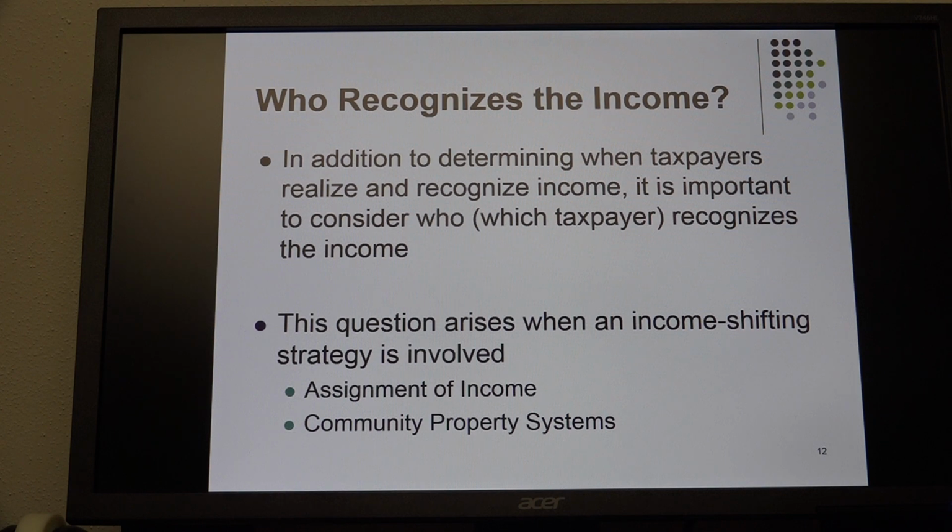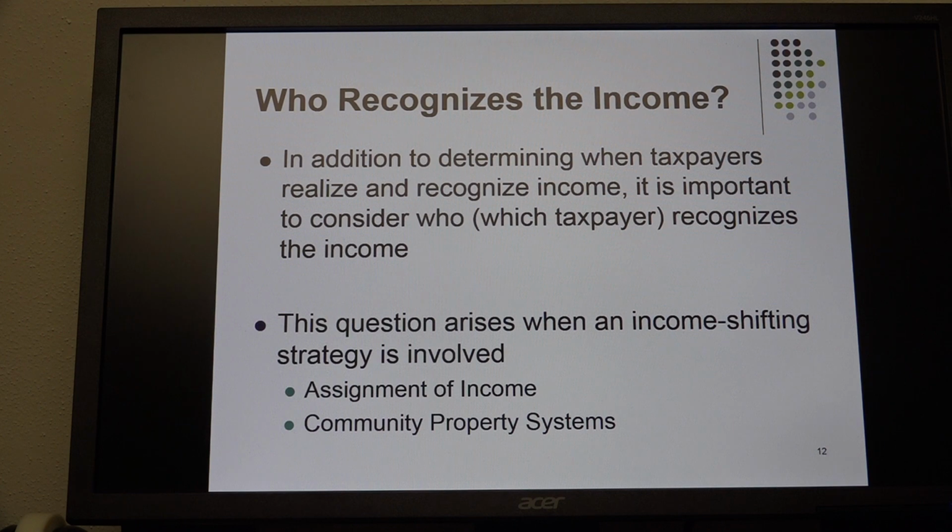What about income on sale of property, or income from property, such as rentals, royalties, dividends, interest? What about those? Well, essentially, you've got, I guess you would call it, the fruit of the tree.